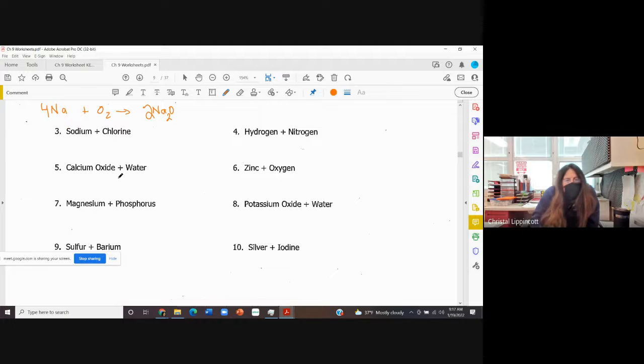Okay. So number 5, I've got calcium oxide and I've got water. Reaction type sheet, letter B, yes, tells us that we're going to form what here? A metal hydroxide.